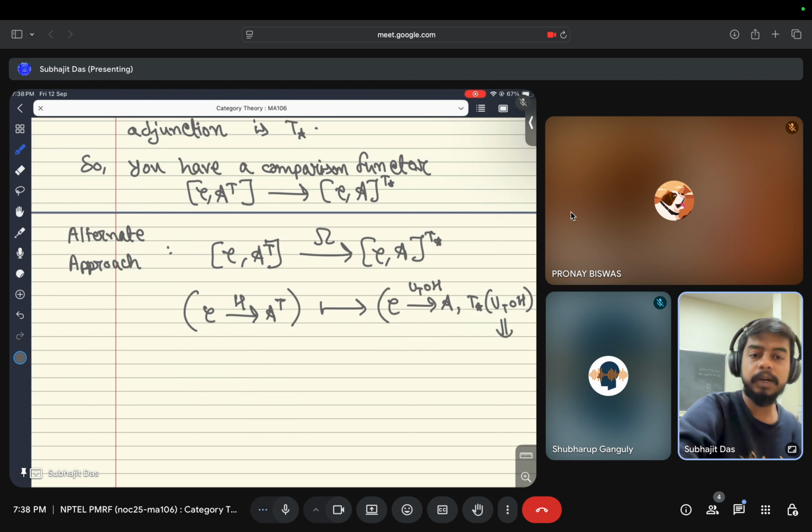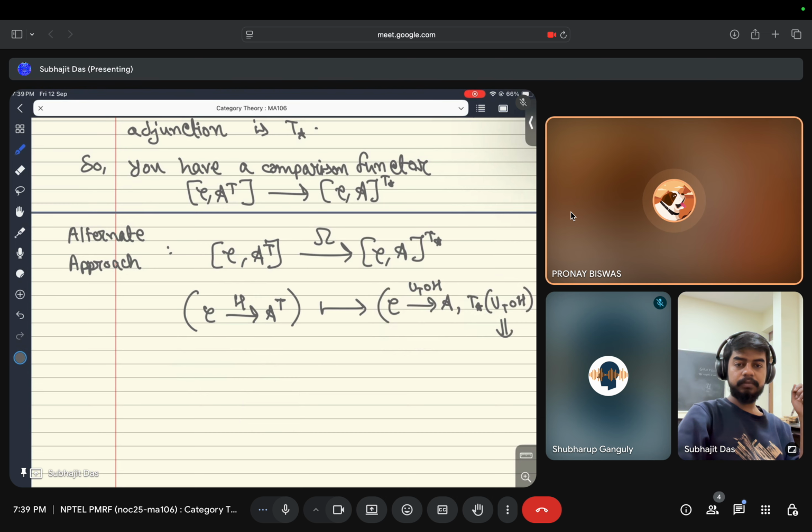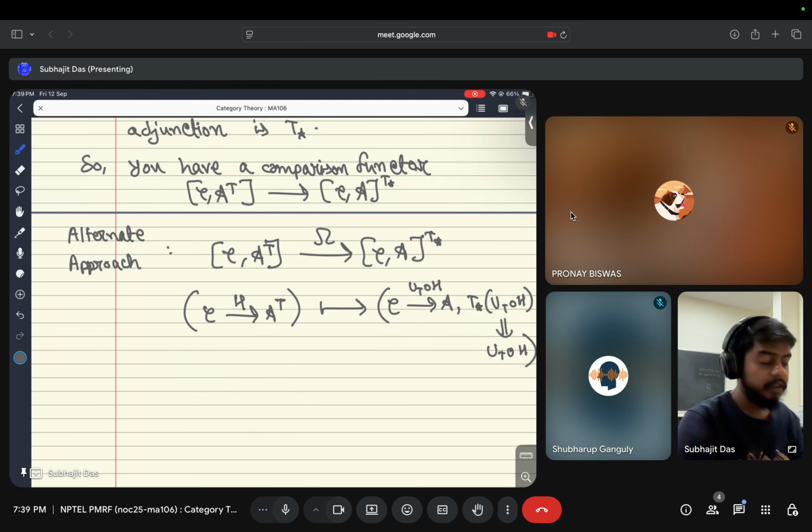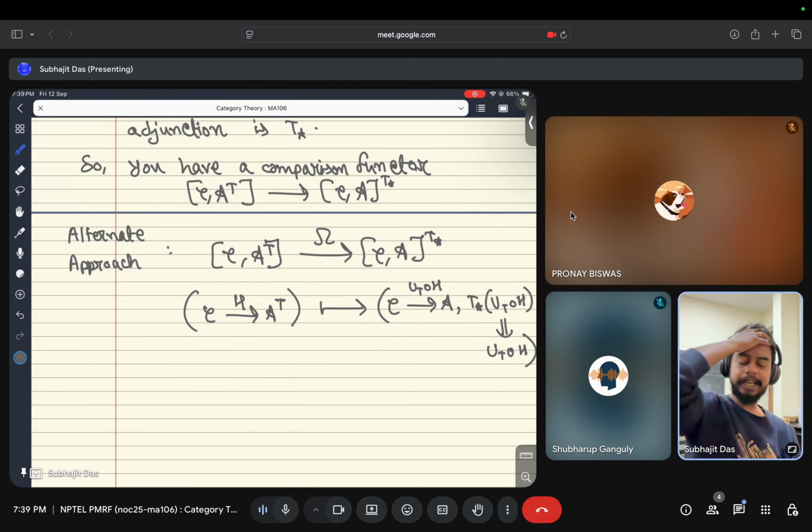What should the structure arrow be, from what to what? The structure arrow is from T star of UT composed H to UT composed H. What natural transformation can we take here?